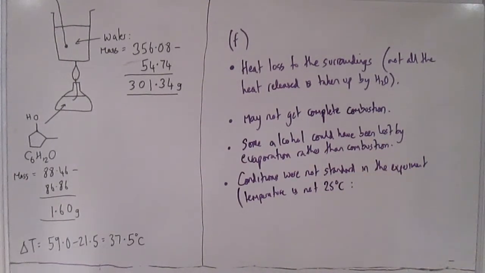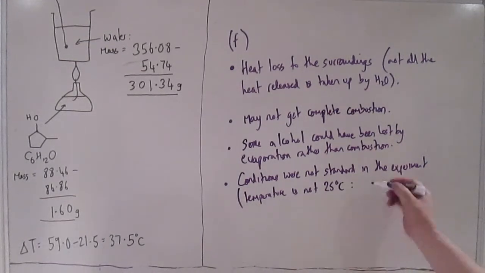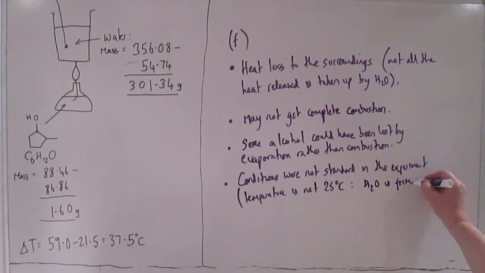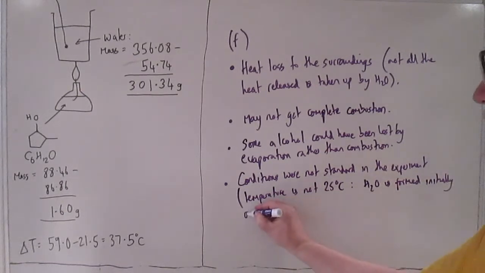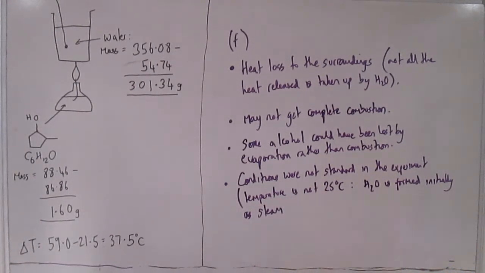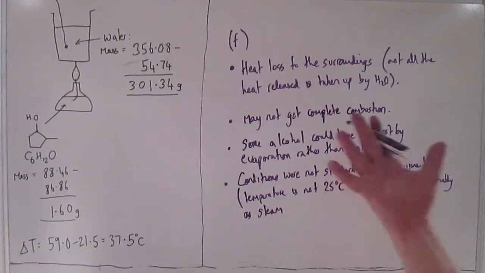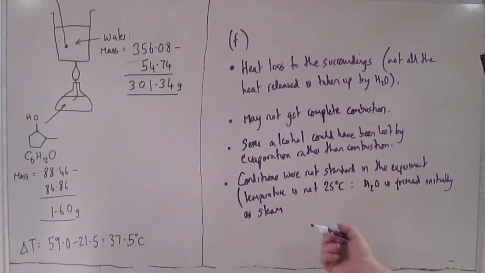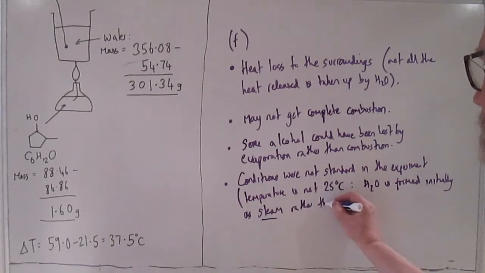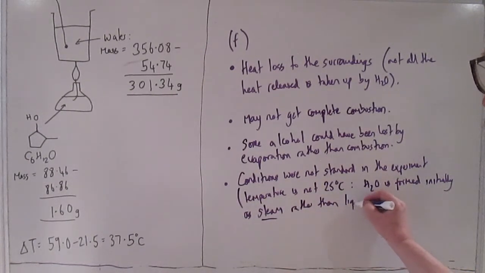The biggest reason it's likely to be different is that the water is formed initially as steam, because obviously the flame is very hot, rather than liquid water, which is what it would be under standard conditions, because standard conditions, remember, is 25 degrees C, where water would be a liquid. So that's going to make quite a significant difference.